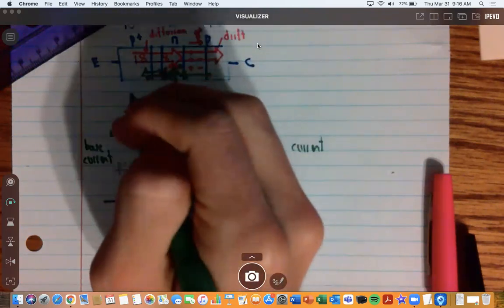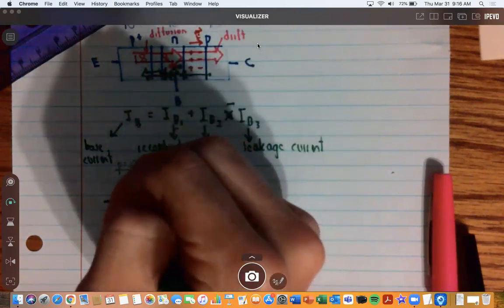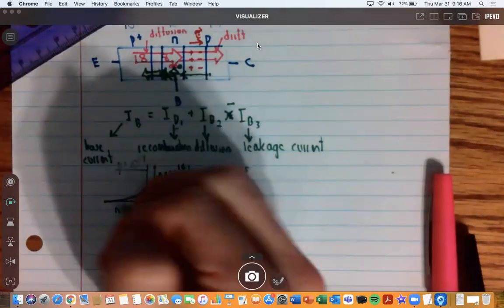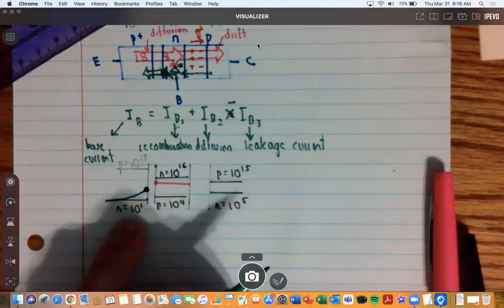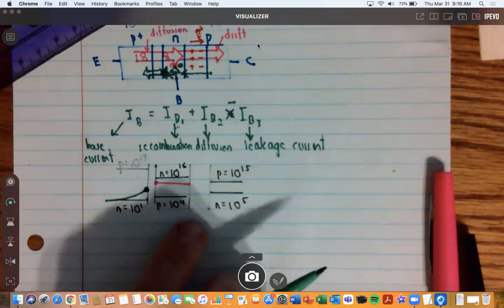But the emitter is larger than the base, so there's more distance for this electron to recombine and finally return to its equilibrium value. And over here, what are the charge carrier concentrations of these ones?